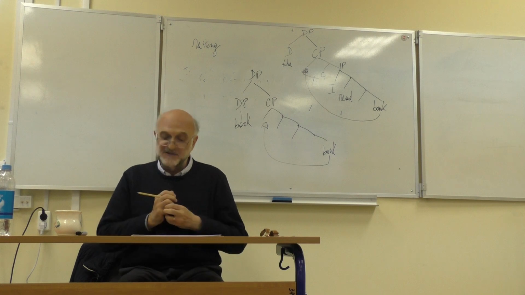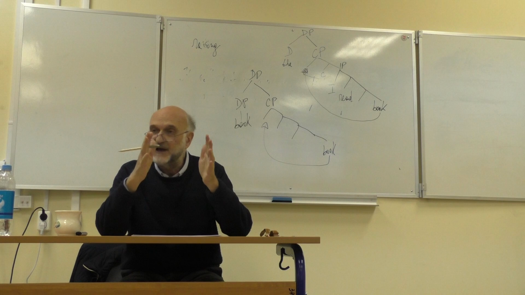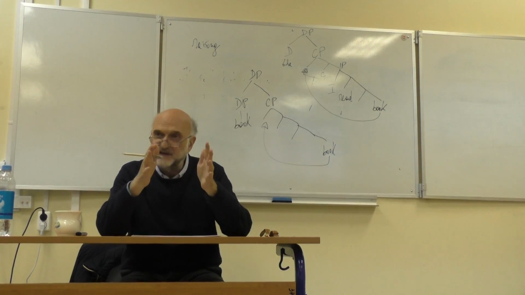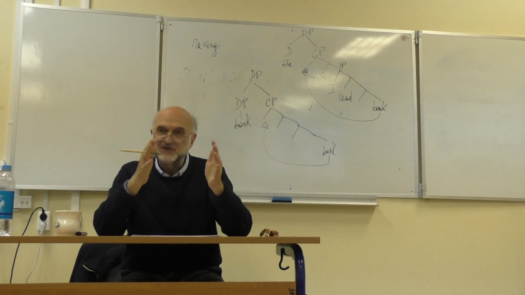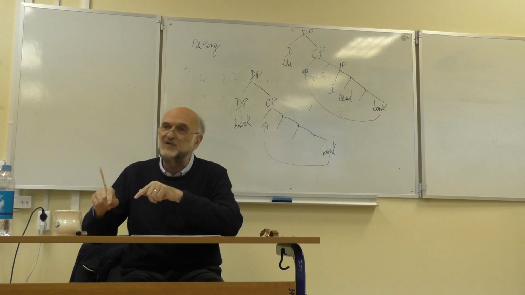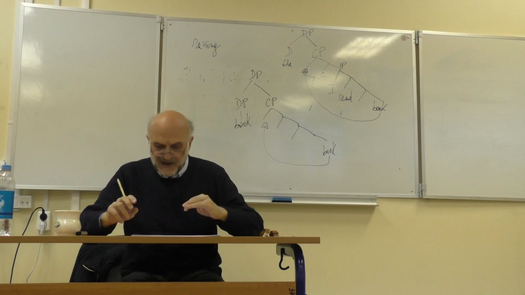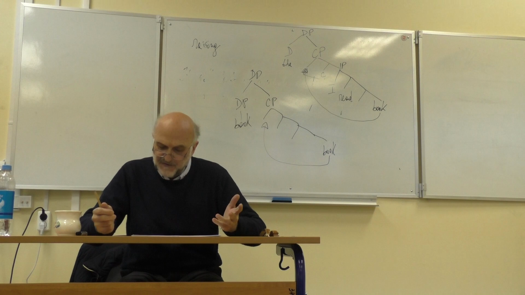What is inverse case attraction? The inverse case attraction here is the fact that the head of the relative clause, instead of showing the case given by the matrix verb, shows the case that the verb within the relative clause would assign to the internal head. So if you look at 13a and b, you see the difference.